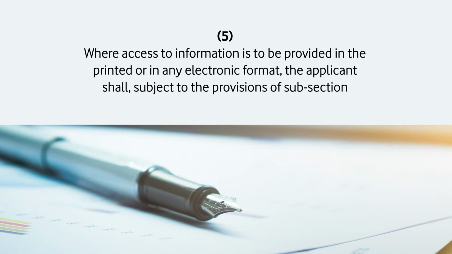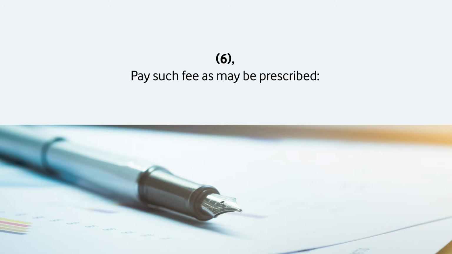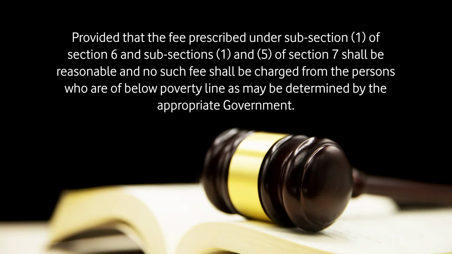Where access to information is to be provided in the printed or in any electronic format, the applicant shall, subject to the provisions of subsection 6, pay such fees as may be prescribed, provided that the fee prescribed under subsection 1 of section 6 and subsections 1 and 5 of section 7 shall be reasonable, and no such fee shall be charged from the persons who are below poverty line as may be determined by the appropriate government.